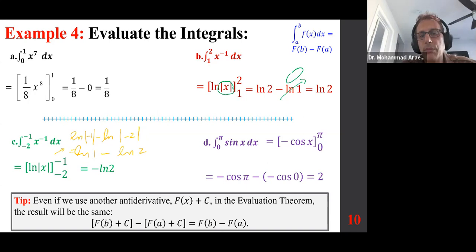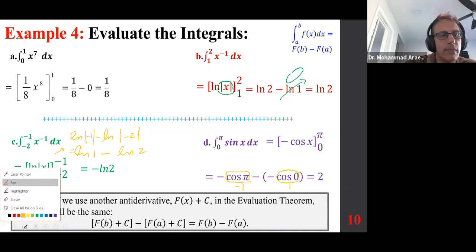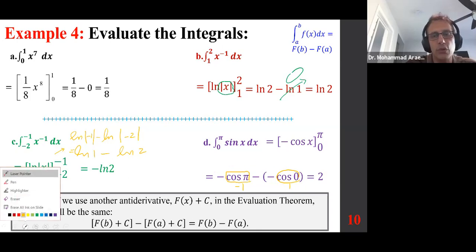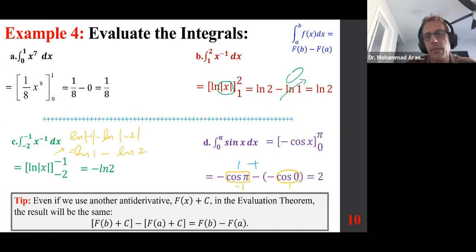What I'd like you to remember is that cosine of pi is negative 1. Cosine of 0 is positive 1. So what you have, minus minus 1, which is positive 1, minus minus 1, which is positive 1. 1 and 1, they add up to 2 as the final answer.